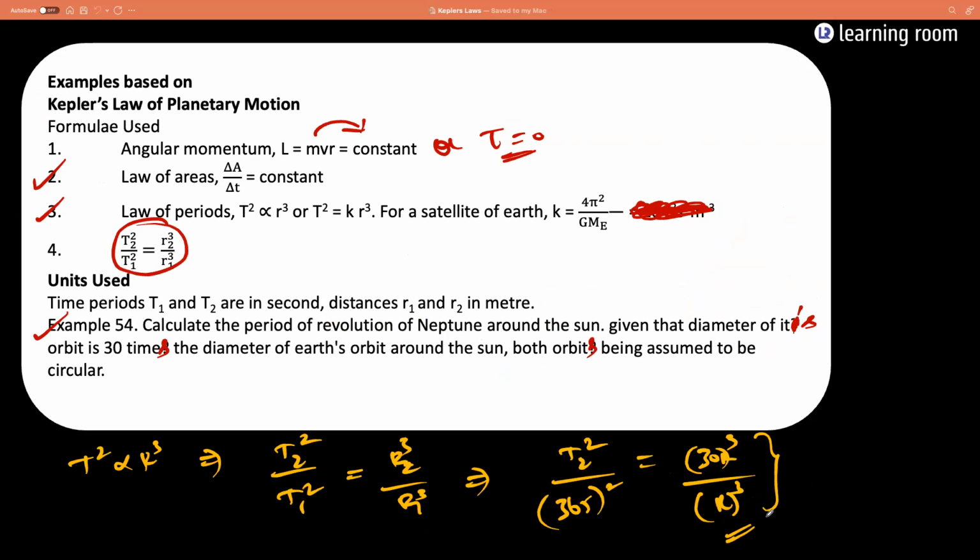T1 square by T2 square will be R1 cube by R2 cube, then I will do this. Okay. Is the point clear? Any other doubt?